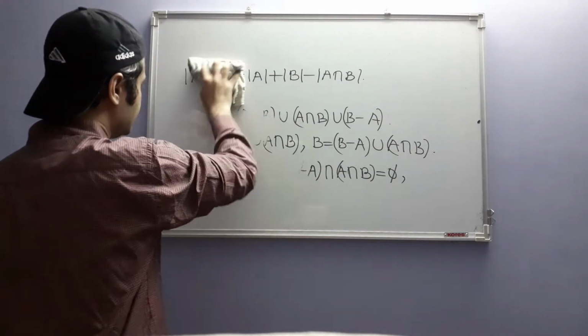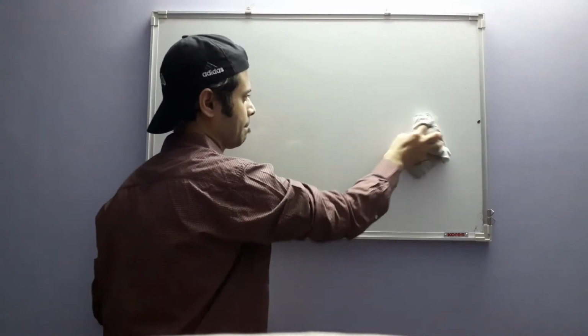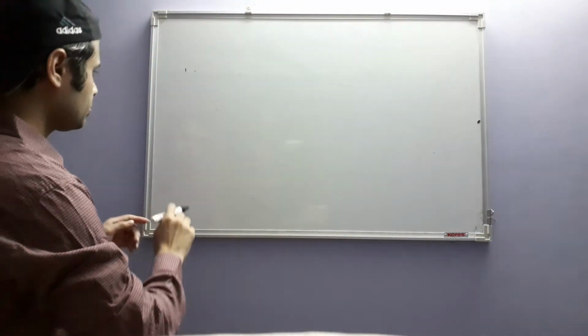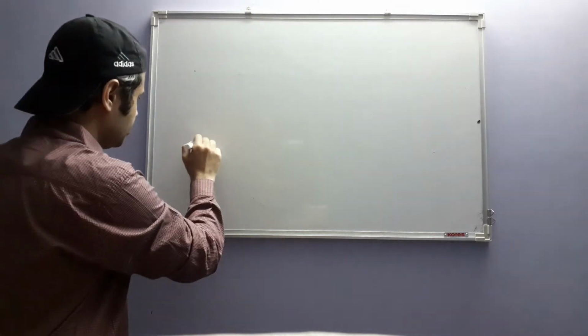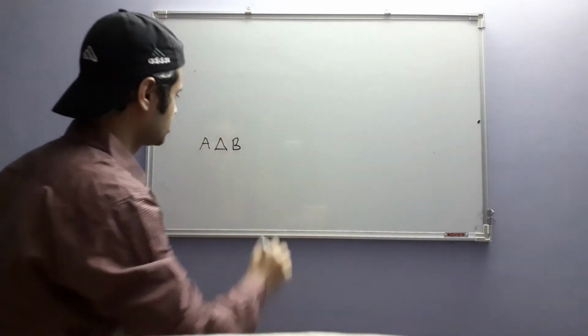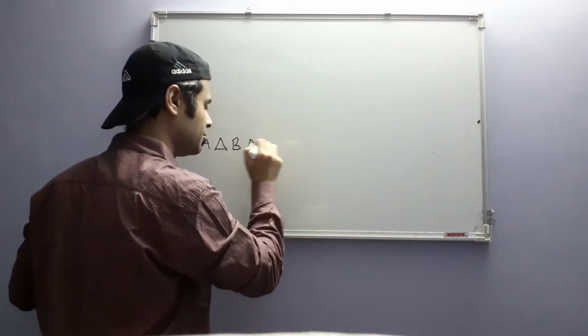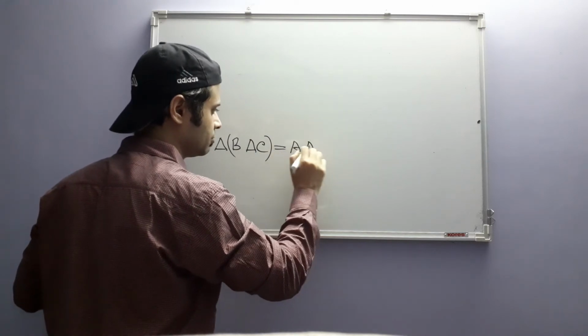And also one thing I am leaving to you: remember we defined symmetric difference of two sets also. And I stated that for three sets, the symmetric difference operation is associative.